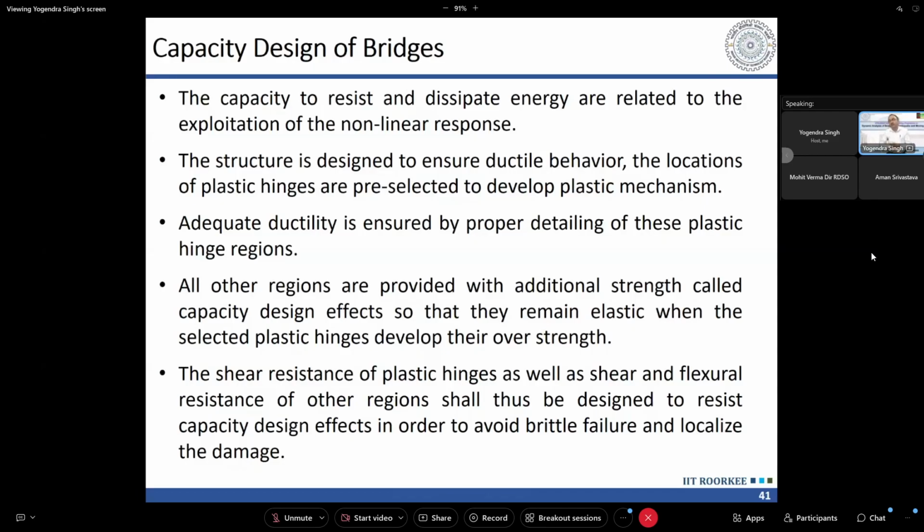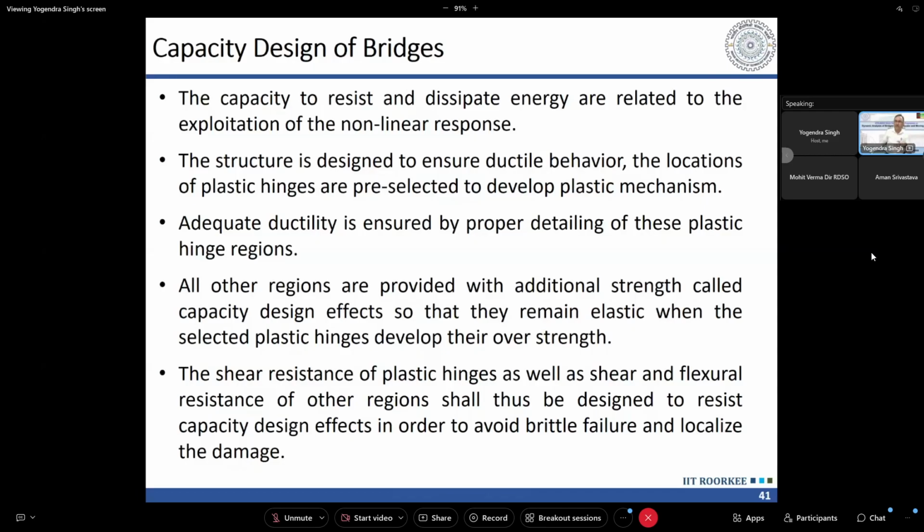So how can we select the location of the plastic hinges? By making all other locations stronger than the location where we want the plastic hinges to occur. And why do we want the plastic hinges to be pre-located? Because especially in RCC members, and it is true for steel members also, we need special detailing so that we can get enough ductility.